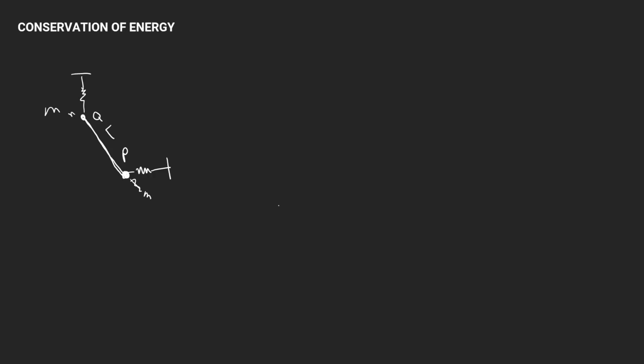And just a few other notes: both springs are unstretched when the rod is completely vertical. And point P can only move in the horizontal direction, and Q can only move in the vertical direction.